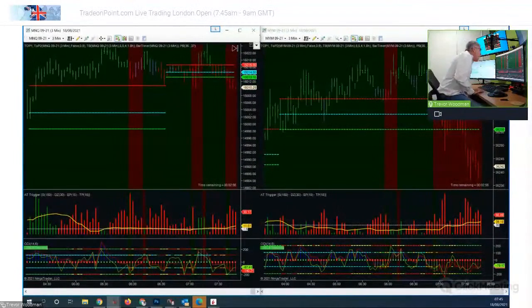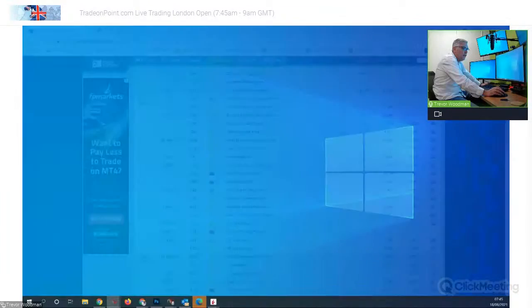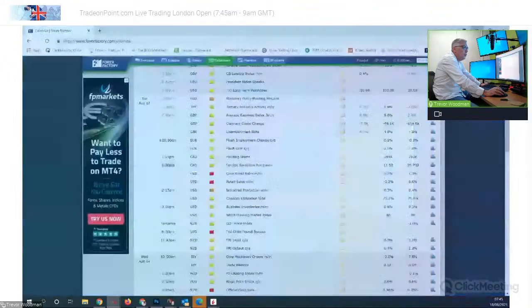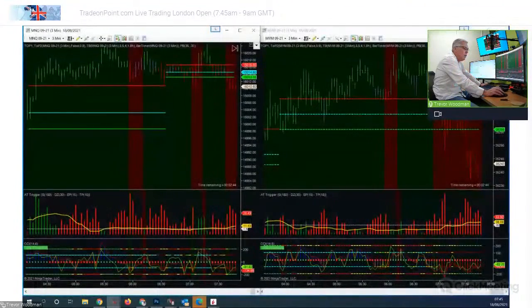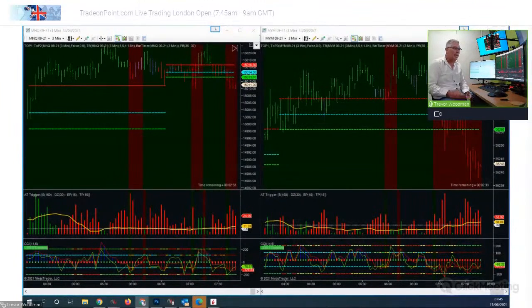So straight away, we're just going to go through some of the important rules in relation to the trading room. For those of you that are new or have just joined us for the first time, I just want to go through the disclaimer. The main thing to remember is that ultimately, Trade on Point is for educational or information purposes only. As a trader, you've always got to remember that risk. Trading currencies, stocks, futures, options, bonds does involve significant risk to traders or investors.